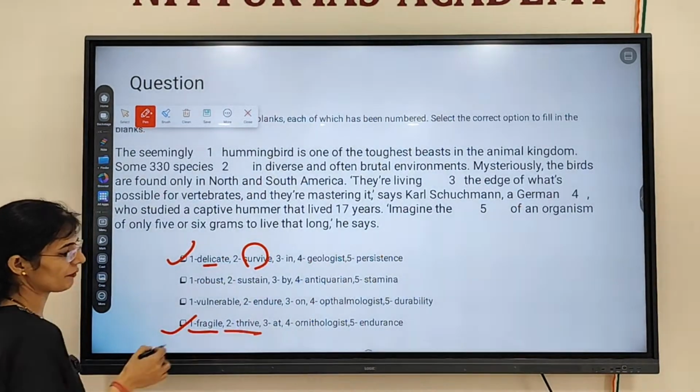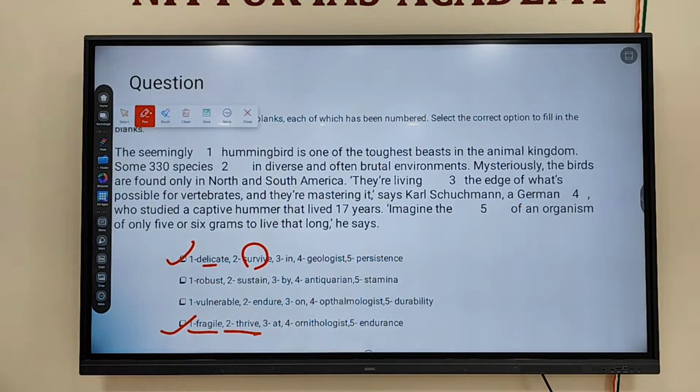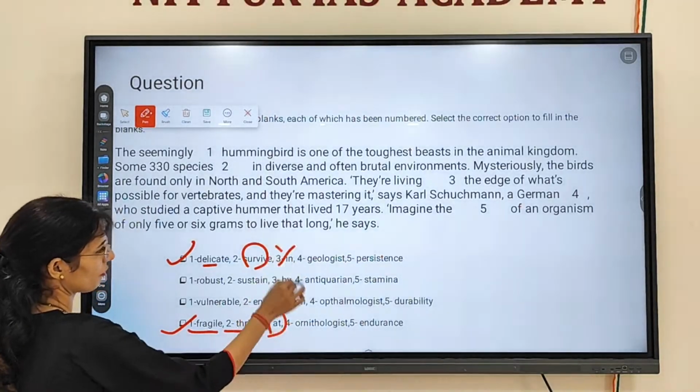Survive sounds good, but survive can also come. We'll do the third one to be sure. South America, they are living dash the edge of what's possible for vertebrates and they are mastering it. They are living in the edge or they are living at the edge? At the edge. So this makes us sure that the first one is not the answer.